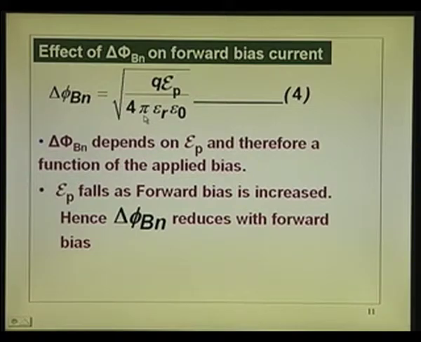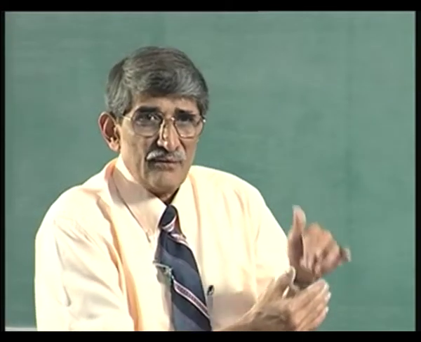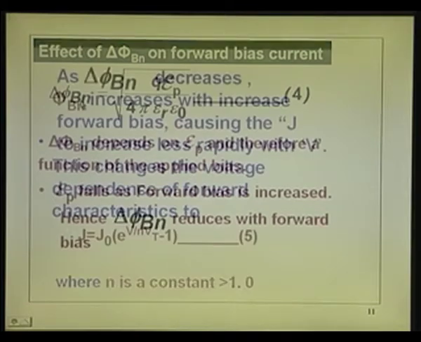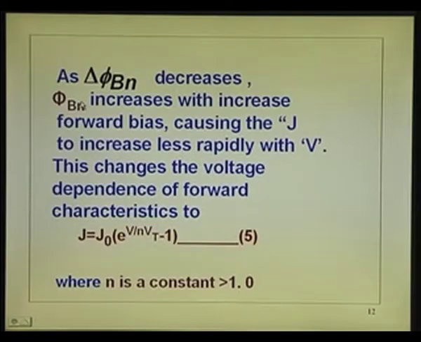It reduces. When forward biased, the depletion layer collapses, so the peak electric field falls. And if E peak falls, delta phi b n reduces.